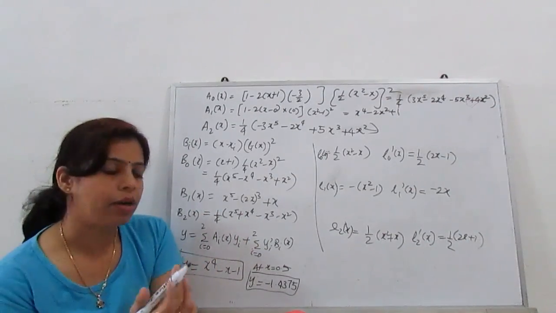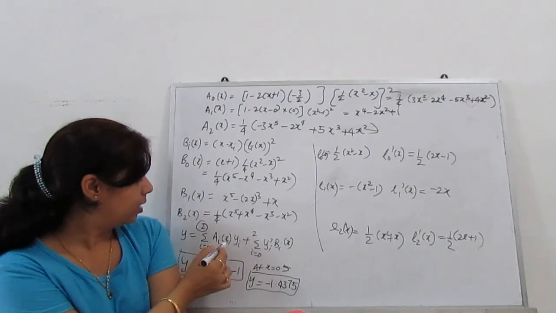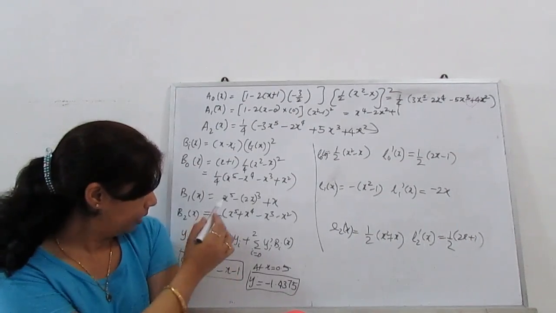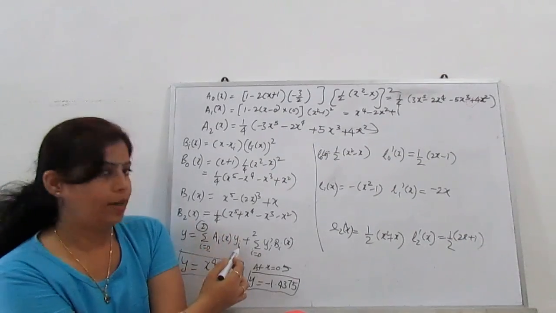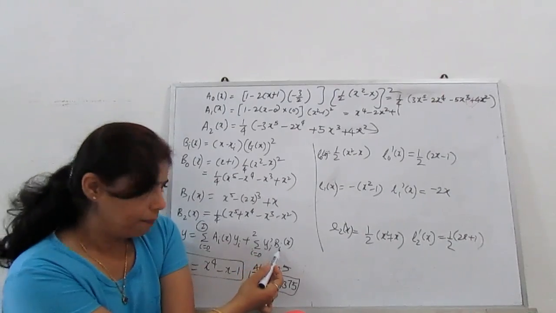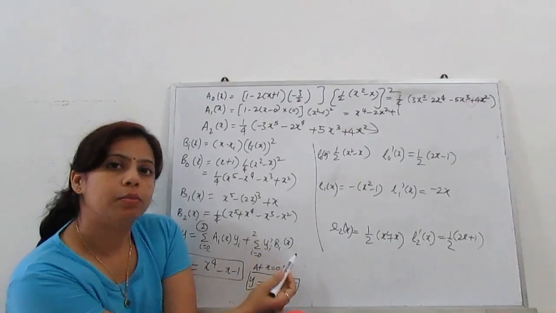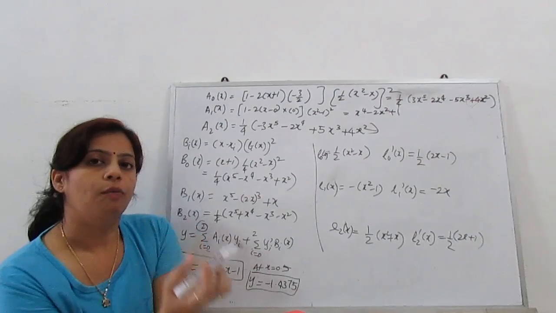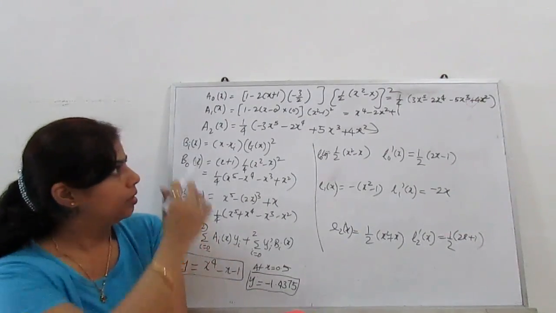So what is our Hermite formula? Sum over i going from 0 to 2 of ai x yi, it means a0 y0 plus a1 y1 plus a2 y2. Then sum over i going from 0 to 2 of bi yi dash, b0 y0 dash plus b1 y1 dash plus b2 y2 dash, where y0, y1, y2 and y0 dash, y1 dash, y2 dash are given by the table.